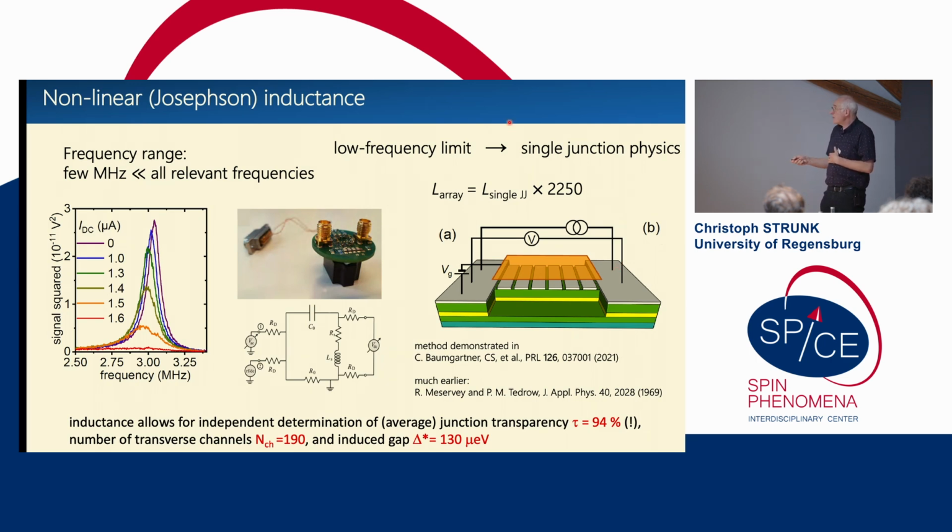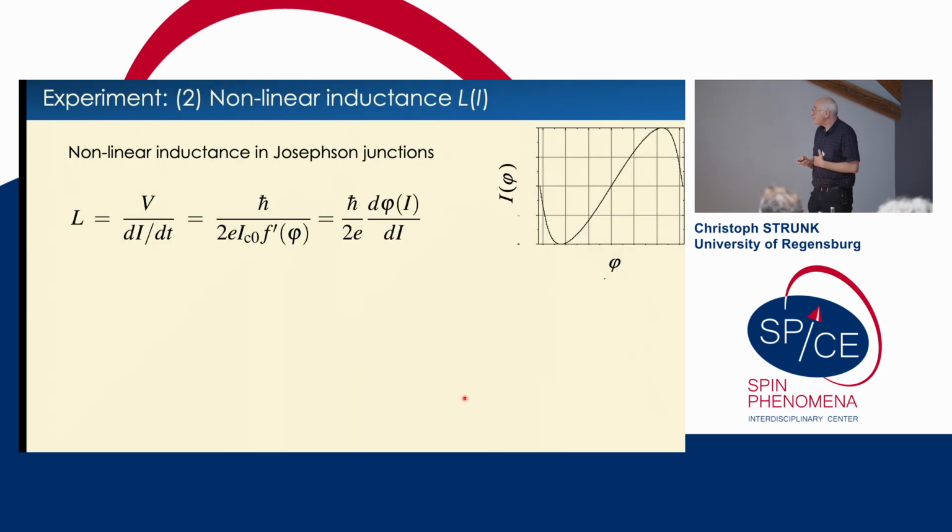Then we find such nice resonance curves, from which we know the capacitance, and from which we can extract the inductance. This method was developed a long time ago, but then was kind of forgotten. It will turn out to provide ample information about these junctions, in particular the transparency and the induced gap.